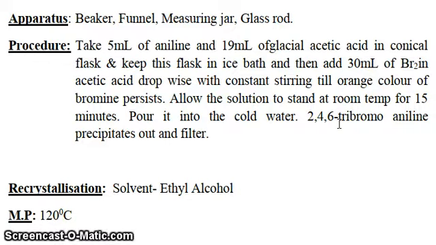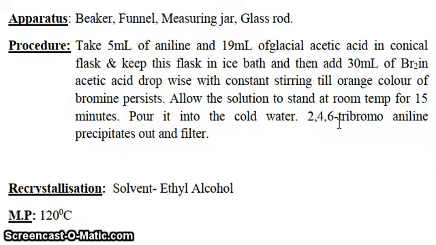Allow the solution to stand at room temperature for 50 minutes. Pour it into cold water. 2,4,6-tribromoaniline precipitates out, and filter. What is the recrystallization solvent? For recrystallization you can use ethyl alcohol, and the melting point is 120 degrees Celsius.